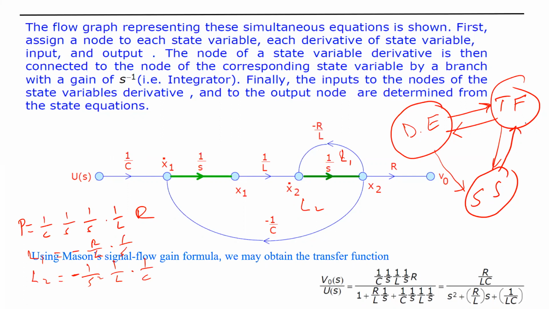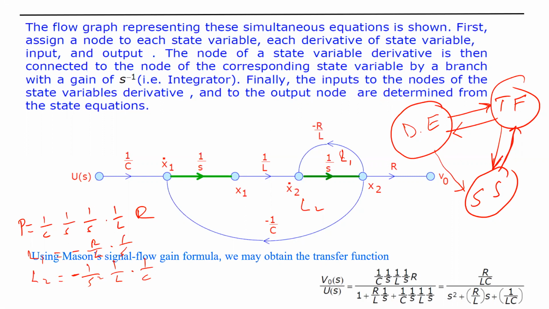But if you have a transfer function, I can get infinitely many state space representations for the same transfer function. So this direction is not unique, while this direction is unique.